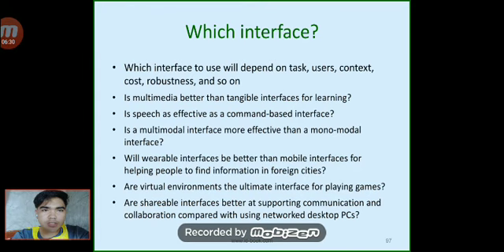Is multimedia better than a tangible interface for learning? Is speech as effective as a command-based interface?